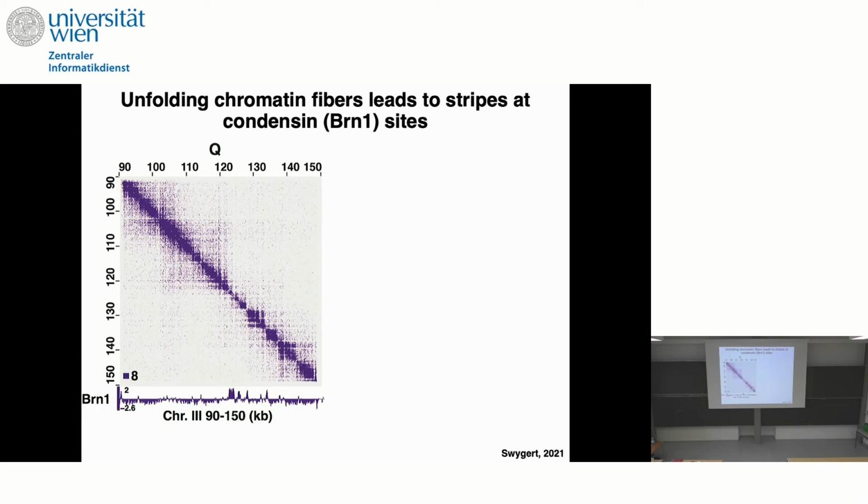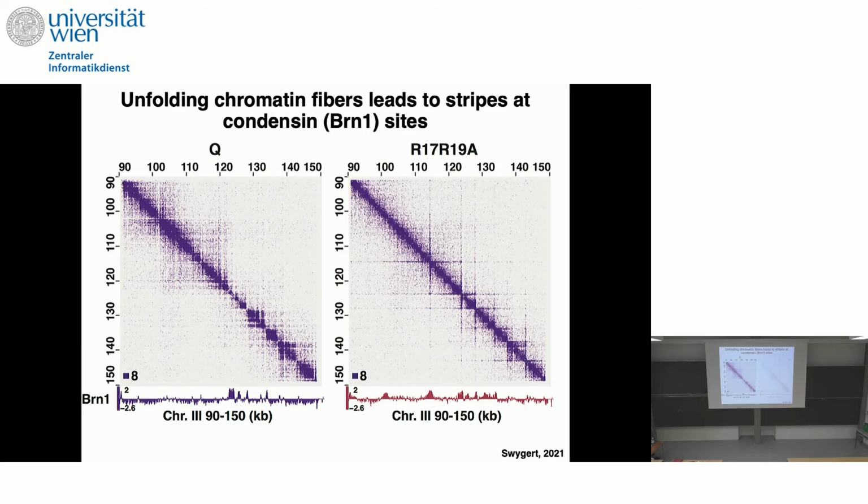Here I'm showing wild-type quiescent cell data, and we've lined up the condensin ChIP-seq data underneath. We do the same thing looking at one of our H4 tail mutants. We can see the formation of these stripes in the mutant microSEE data, and these stripes line up pretty perfectly with the location of condensin ChIP-seq. These stripes are generally thought to indicate the presence of active loop extrusion.